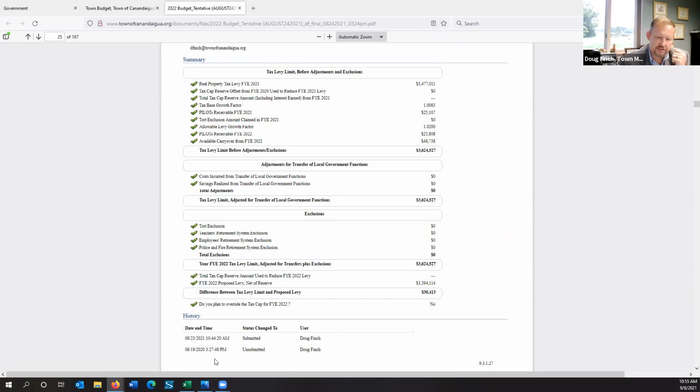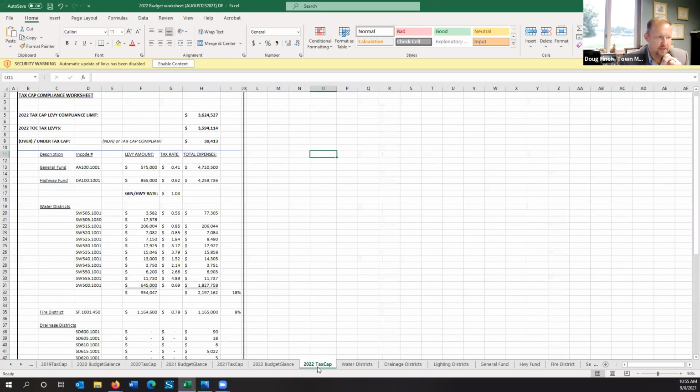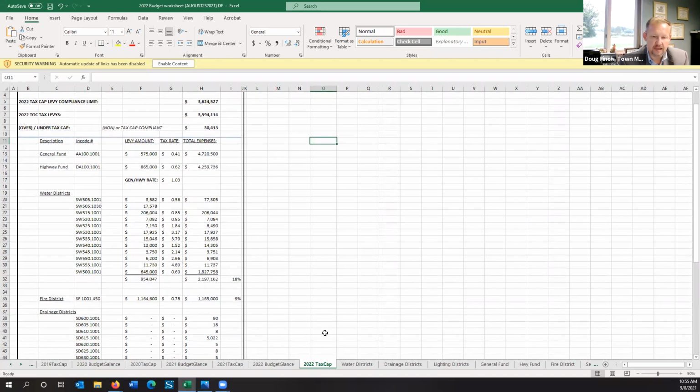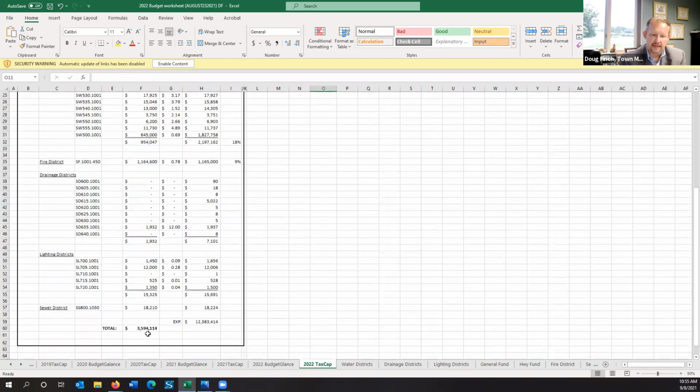So I'm just going to show you something here, and I know this is really getting into the details, but the tax cap, what we have to do is actually plug in all of the information from every one of those 30 special districts and put in the amount that we would be levying, the property tax for all of those special districts, calculate up that total number, and that's where that $3.5 million comes from.